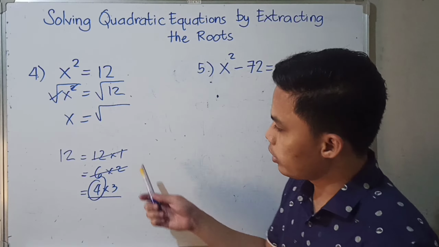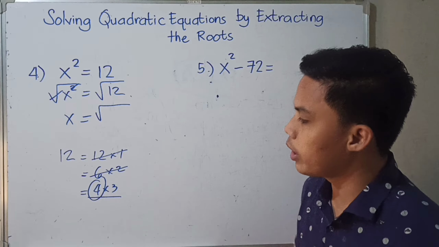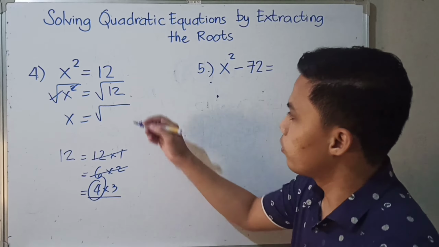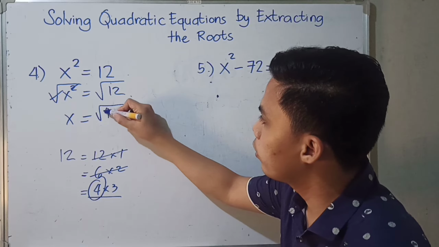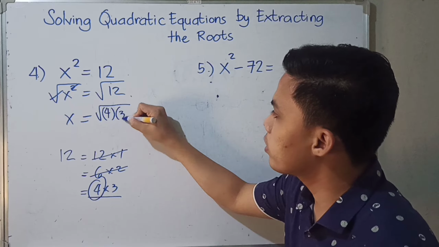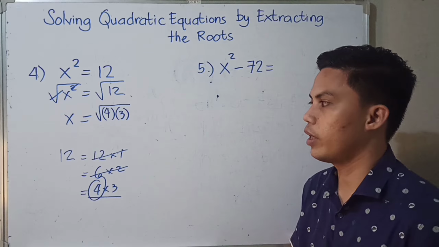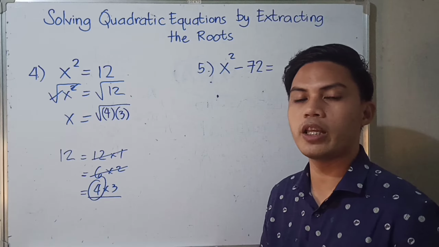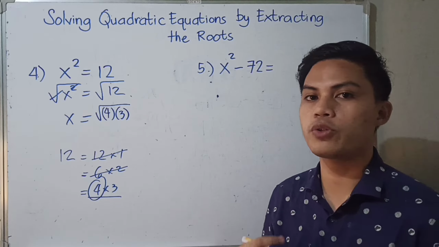Okay, so in this example, ang kukunin natin na factors would be 4 at 3. So, we will have 4 times 3. Okay. So, kung titignan natin, saan sa dalawa na factors lang yung pwede nating ma-extract ang root or yung square root.